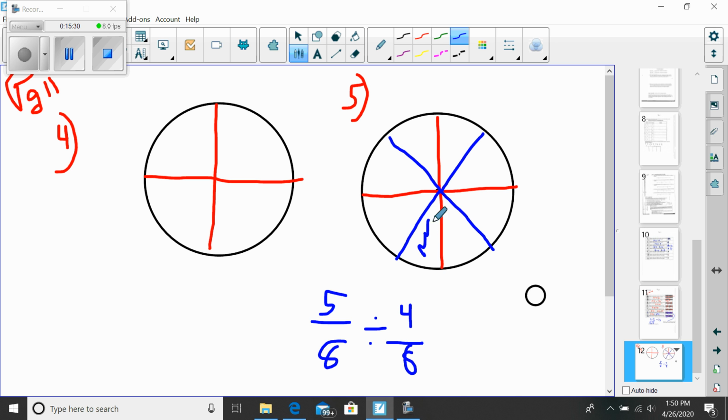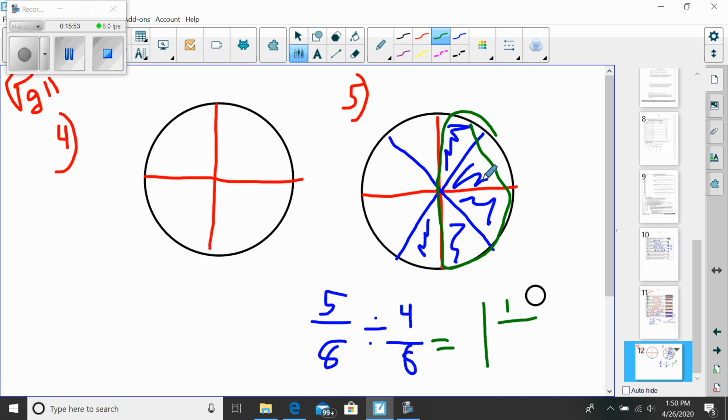Okay, so I have this much cookie, right? So how many halves can I get out of there, or how many groups of 4 can I make from 5? Right, so I have a full group of 4, and then I have one piece. Well, what do I need to have a whole?